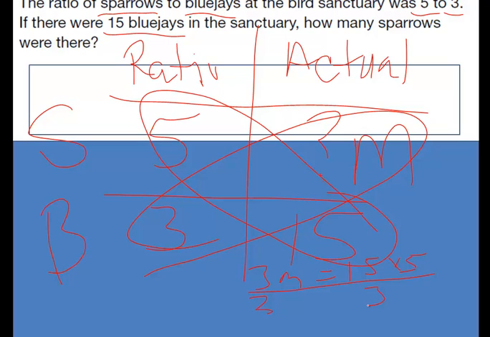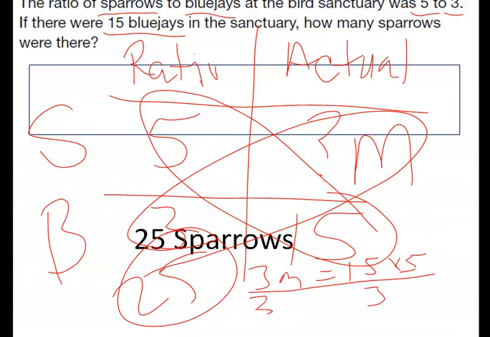And when we do that, we end up with 25 sparrows. So you should have come up with 25 sparrows. And that's it. That's not a lot of work to that.